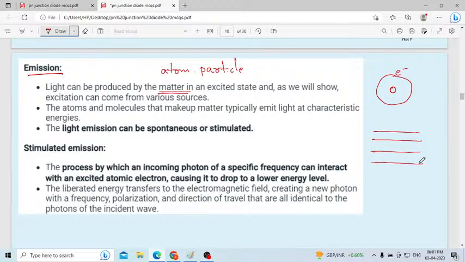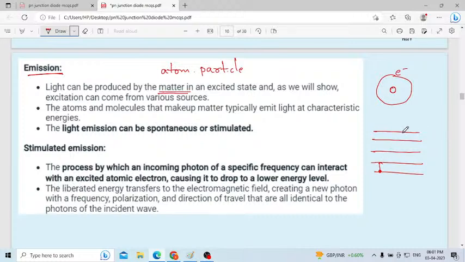Even in one orbit, you have so many sub-levels. Consider I have the electron here. If this electron moves to the next energy level, then it needs some energy, no? Without energy, it will not simply move to the higher energy level.